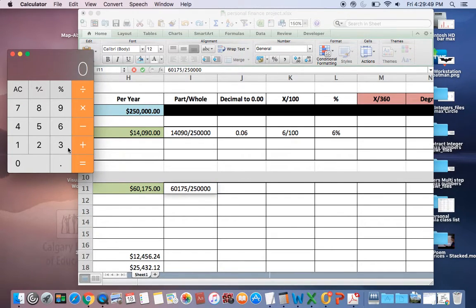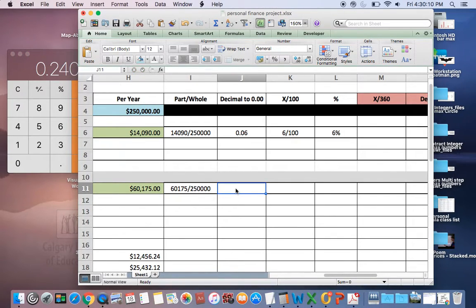We go to our calculator. 60,175. I divide that by the total, which is my income, 250,000. Now this should be bigger than 0.06. Let's see what we get. Ah, there we go. Almost a quarter. Wow, that's expensive. So we go 0.2.